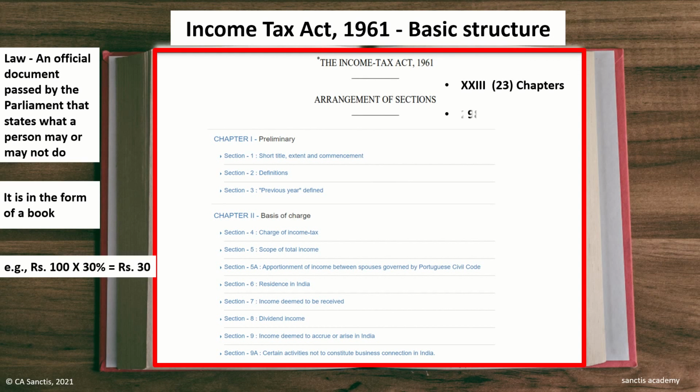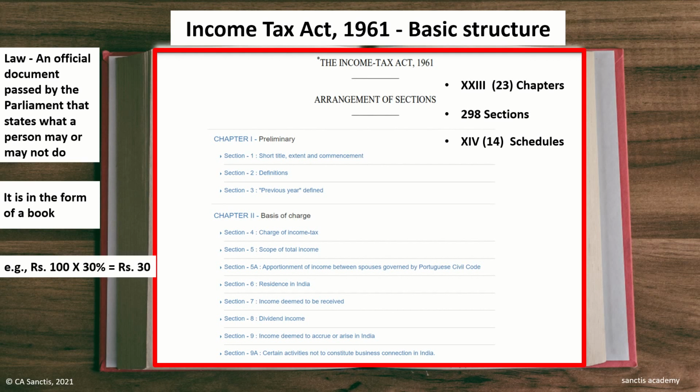Further, the chapters are divided into sections. There are 298 sections in the Income Tax Act 1961. Then, there are 14 schedules in the Income Tax Act. Okay, so this is the broad outlay of the Income Tax Act 1961. It is divided into 23 chapters. The chapters are further divided into 298 sections, and there are also 14 schedules.